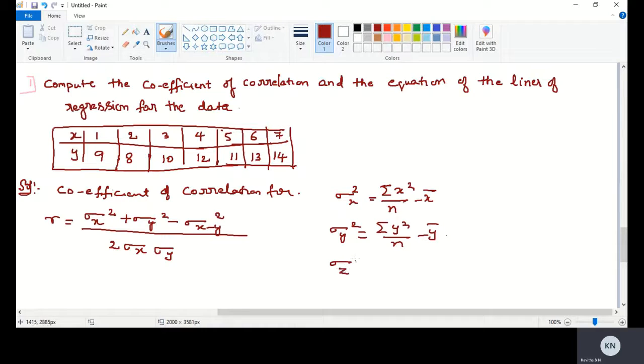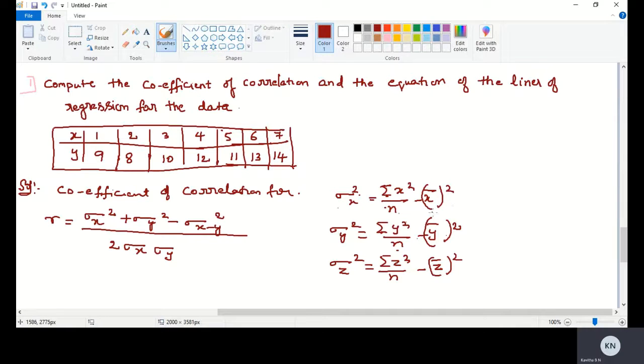Sigma z square is equal to summation of z square by n minus z bar square.